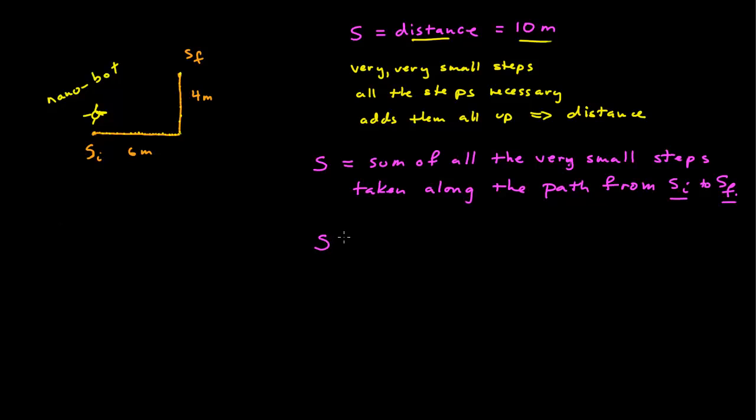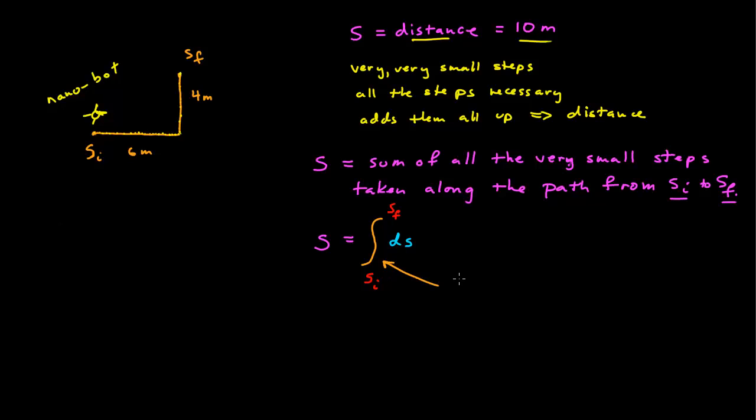So my distance S, in this notation, is this curly line, then S initial, S final. And if you haven't seen this notation before, this might seem very strange, but all this notation means is exactly this sentence, and I'm going to rewrite it.